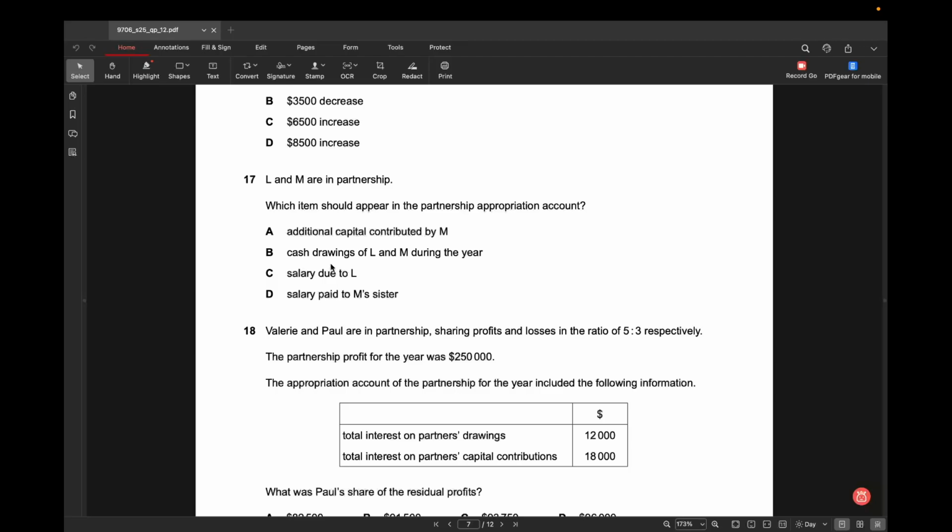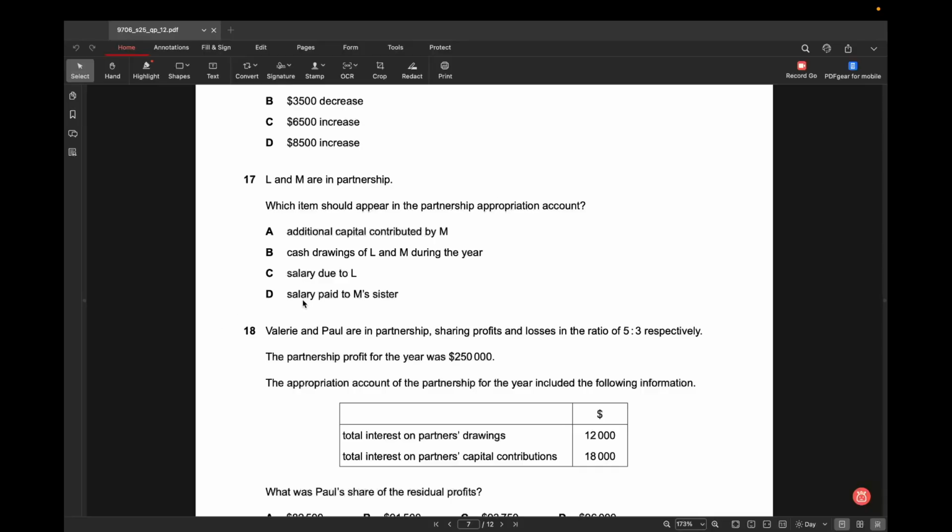Then cash drawings of L and M during the year. This will be directly recorded in the current account of a partner. And number C, salary due to L. Yes, the salary is a part of the appropriation account. All the partner salary, interest on capital, interest on drawings, and share of profit will be recorded in the appropriation account.